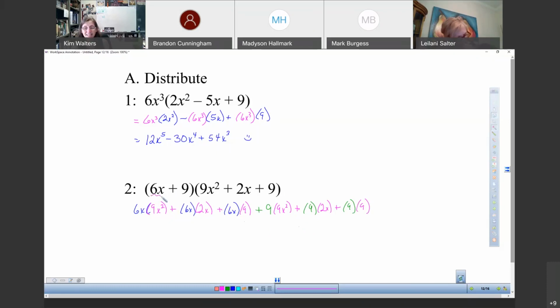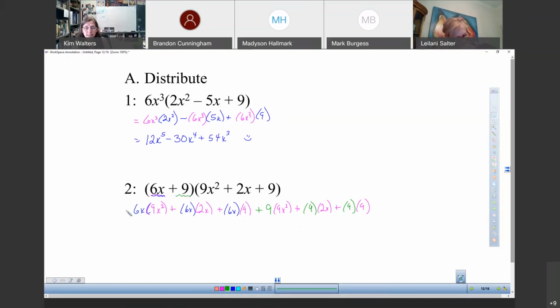So 6x is going to multiply by everything, and then 9 is going to multiply times everything. So I end up with 2 times 3 or 6 terms here. That's just what's going to happen. Now I'm going to simplify it, but I wanted you to see all of the pieces.